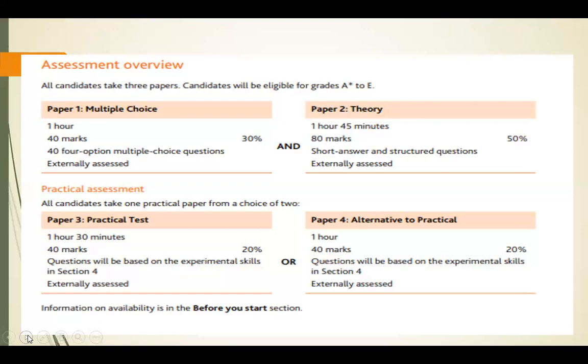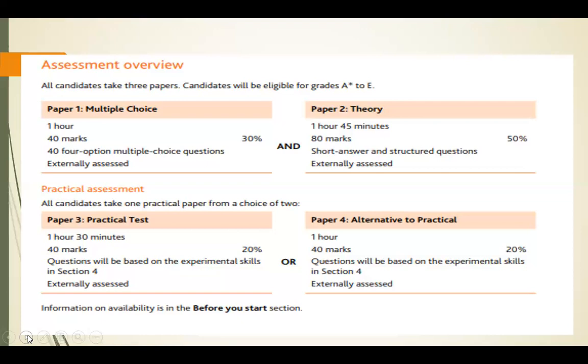Your paper 1 is your multiple choice question paper, as you have already attempted a number of multiple choice question papers before. As always, there are four options A, B, C, and D, and you have to choose the correct answer. MCQ is of 40 marks and it is a 1 hour paper.